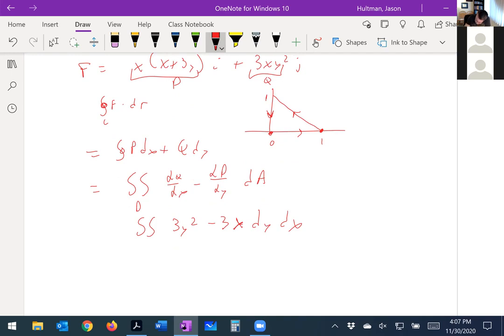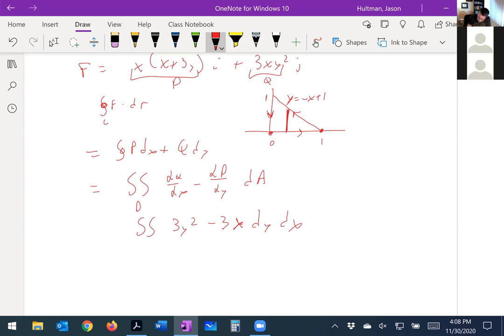I'm going to take a vertical slice here, and then get the double integral over this domain with respect to this function. I need to know y in terms of x. Y is equal to 1 minus x, or negative x plus 1. Either way.